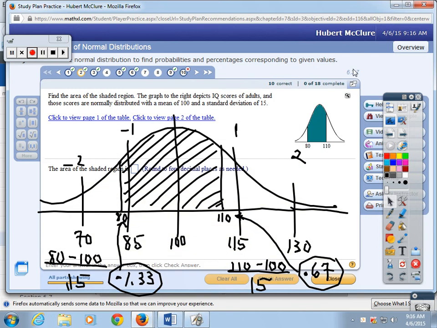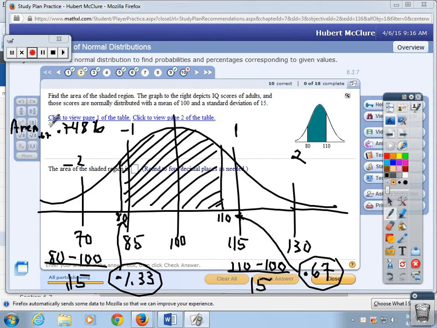So the area for 0.67 is equal to 0.7486.